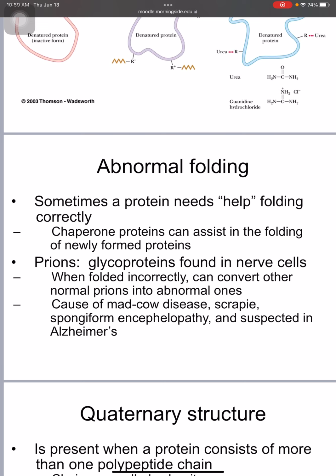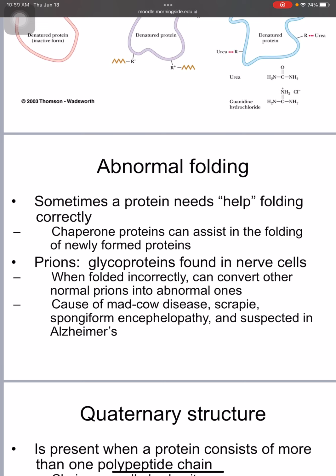And these plaques that form in a brain or a nervous system can impede a lot of the messaging that goes on. All right. So people who have abnormally folded prions often have a lot of problems with dementia, losing cognitive thought and cognitive function, motor function, etc. Right.